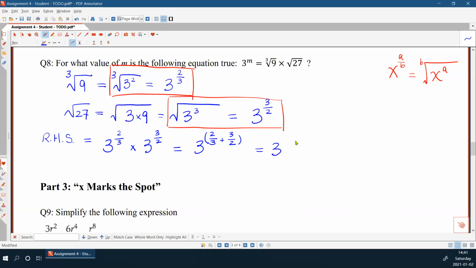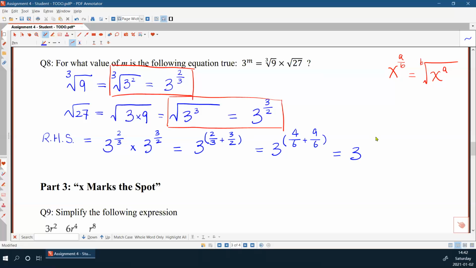So to calculate this, you need to convert them to a common denominator. So this means 4 over 6 plus 9 over 6. Only in this way you can add two ratios together, okay?